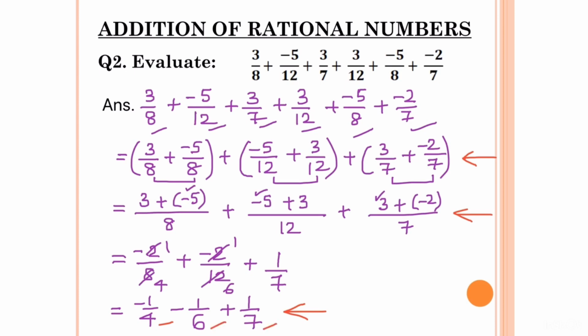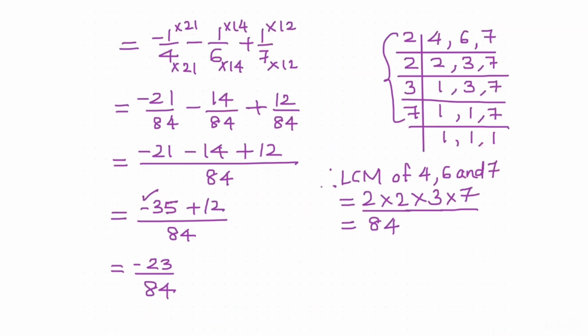We got the LCM as 84. So we made the denominators equal to 84 and simplified it. We got the answer as minus 23 by 84.